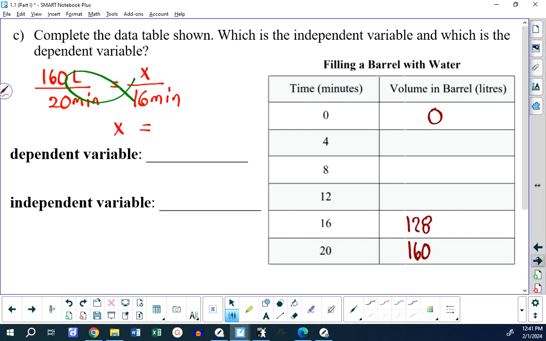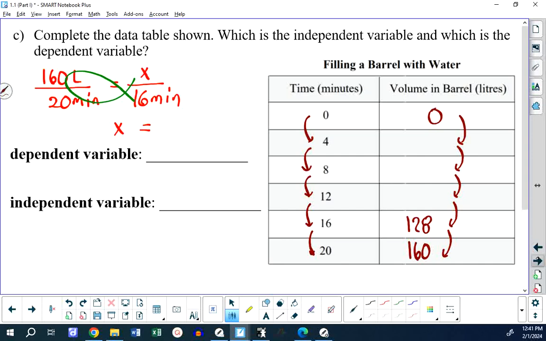Okay, now here's the thing. We don't need to do that for everyone because these are all going up by 4 minutes. And if it's a linear relation, and it is because it's filling at a constant rate, these all have to go up by the same amount.